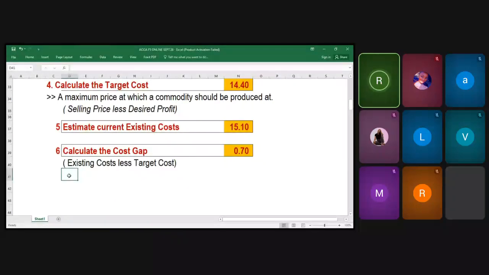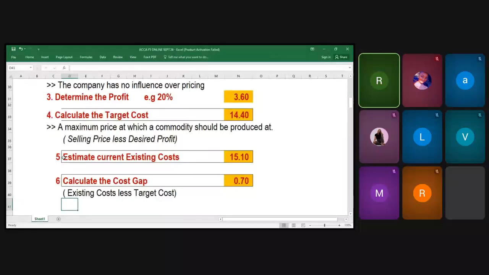Then a student might ask, what if the estimated current costs are $14, which is less than $14.40? Is there a negative cost gap? The answer is no.